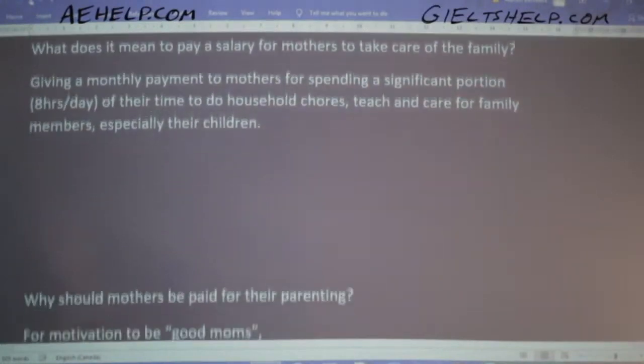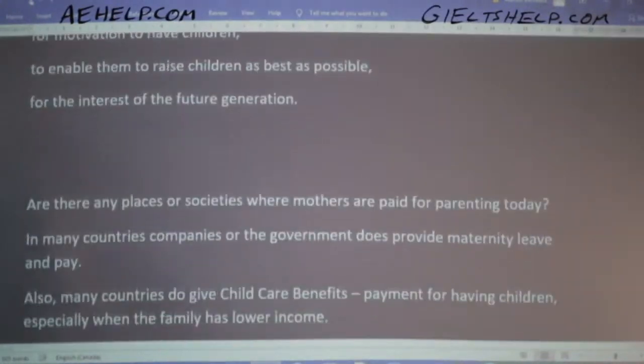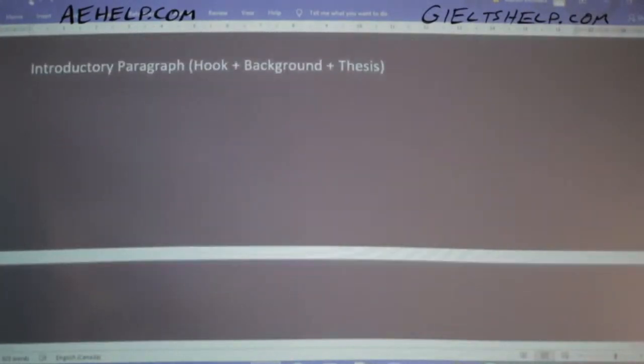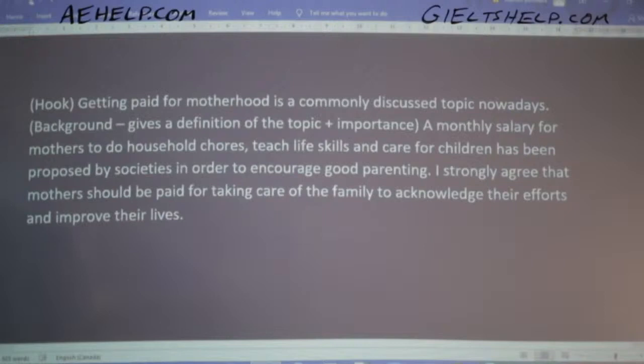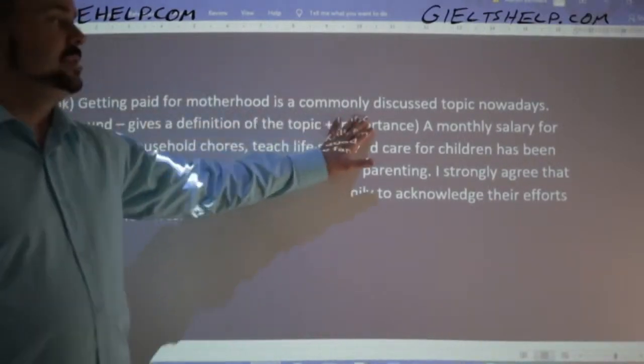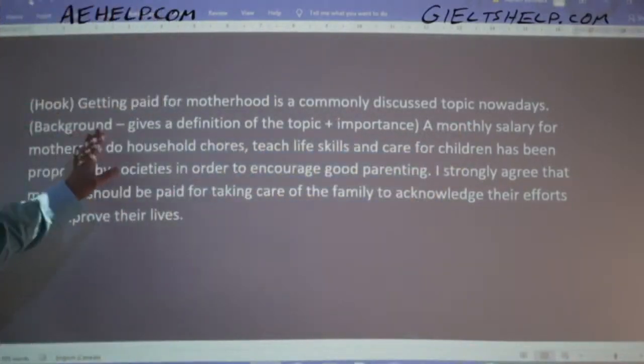Okay, so based on that, we came up with a good thesis statement and an introduction. So here is our introduction. Our introduction starts with the hook, to grab our reader's attention. Getting paid for motherhood is a commonly discussed topic nowadays. And then comes the background.